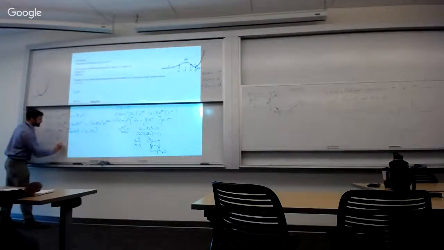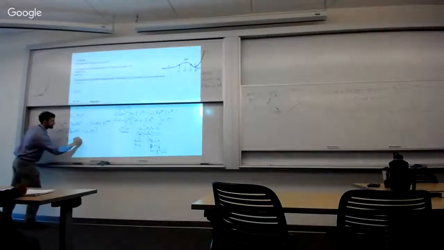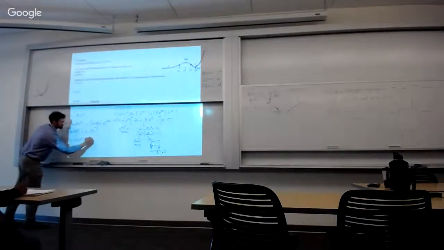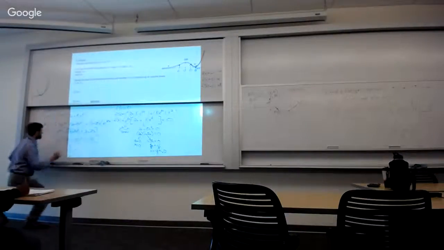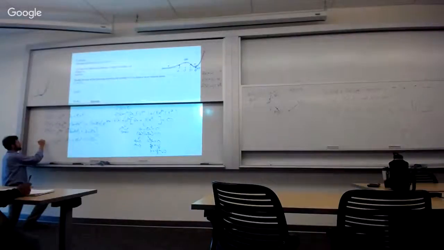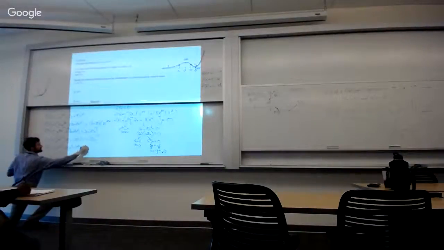And then distributing, so I've got 20x plus 100x squared plus 2 plus 20x. Then I need to combine like terms. I've got two 20x's. So this gives us a final answer that f double prime of x is e to the 10x times 100x squared plus 40x plus 2.